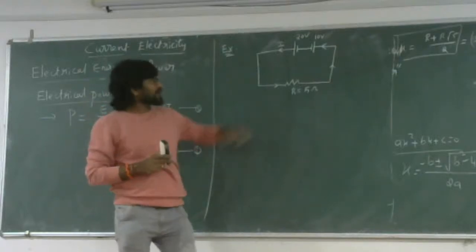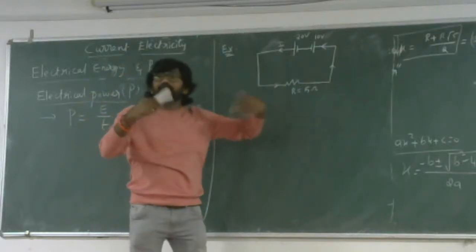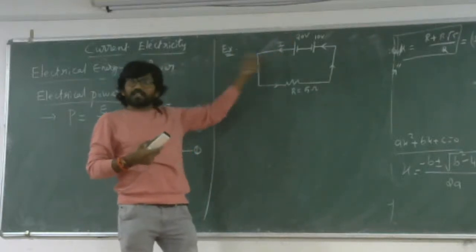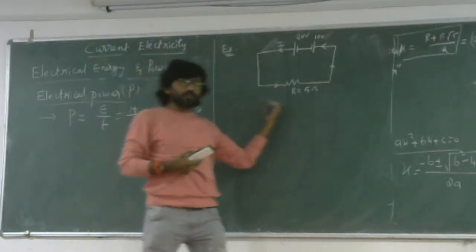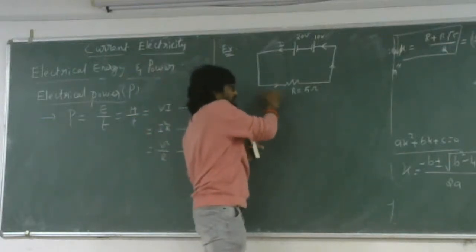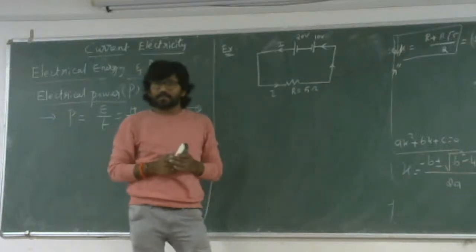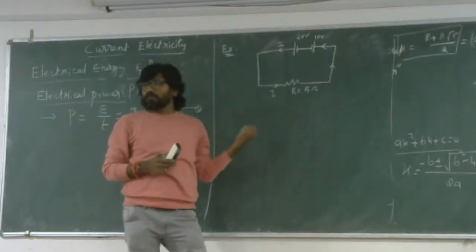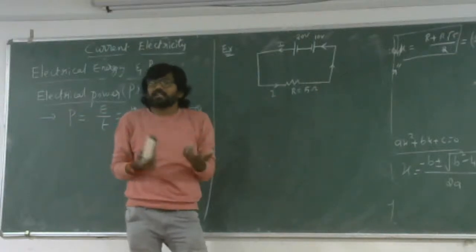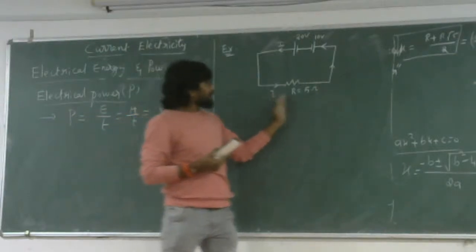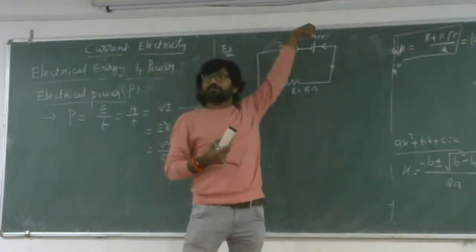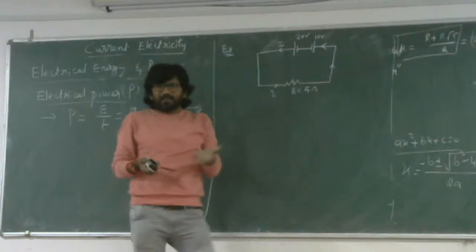That means it is delivering some energy, or we are drawing electrical energy from this. It is passing through the resistor as a current, and the resistor consumes energy and generates some heat, and a part of this will be given to this also. This also will consume energy.